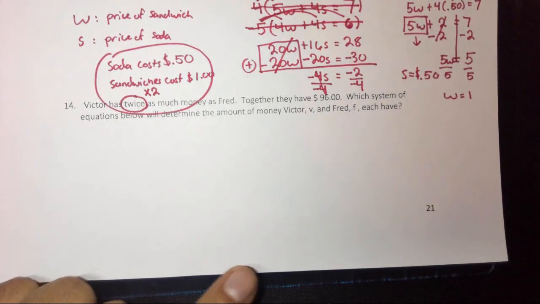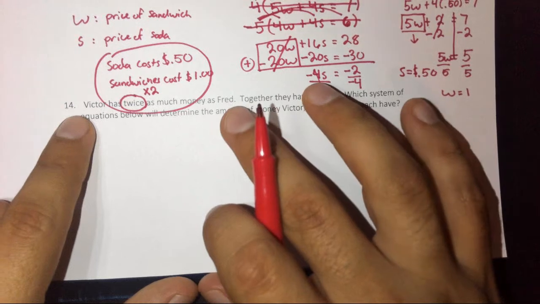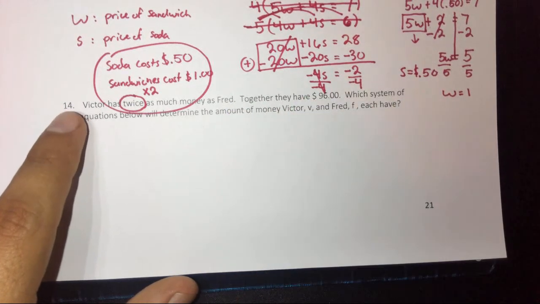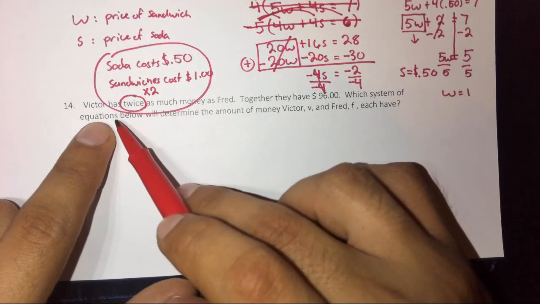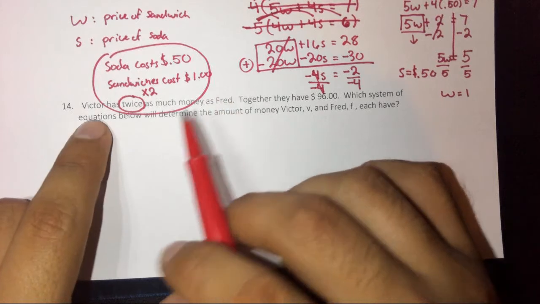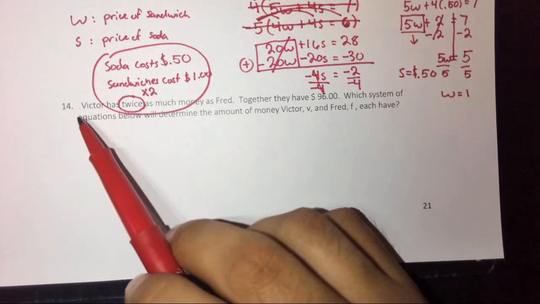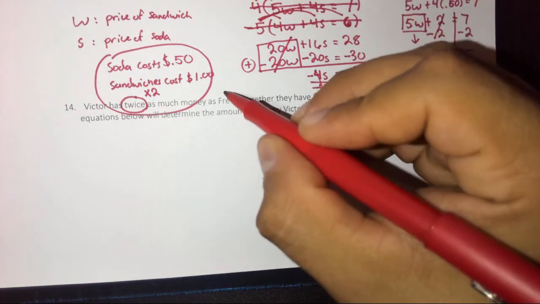Okay? So let's see if we can work this out. These are always worked backwards. So if Victor has twice as much money as Fred, you would think that the equation would be 2V equals F. But instead, let's say Fred has $5.